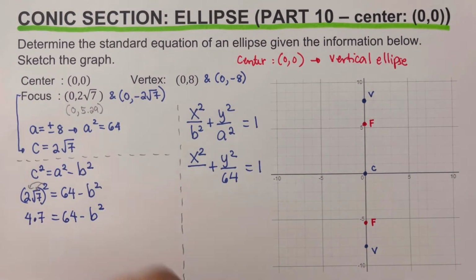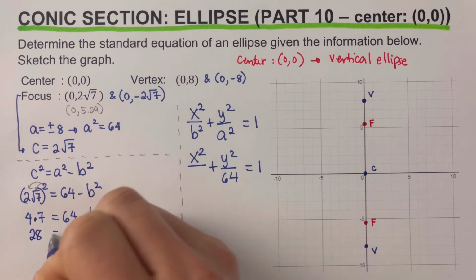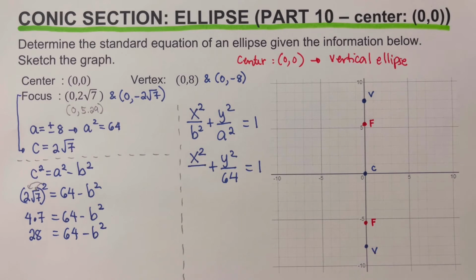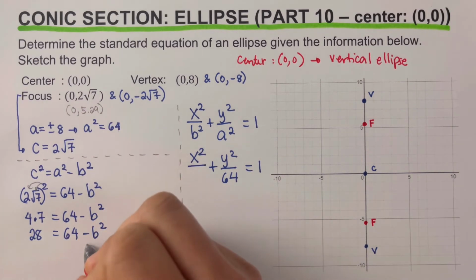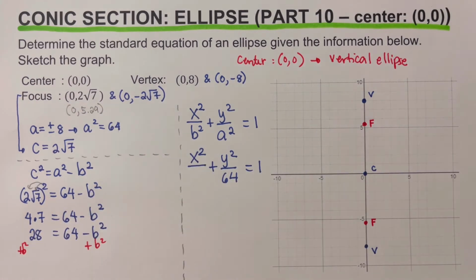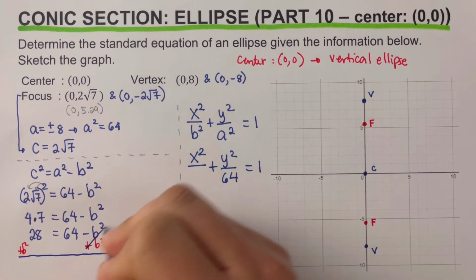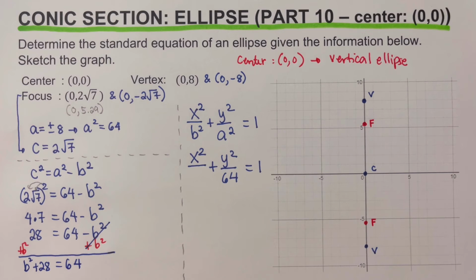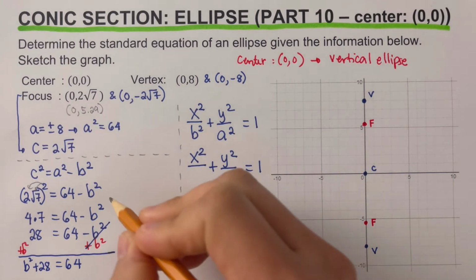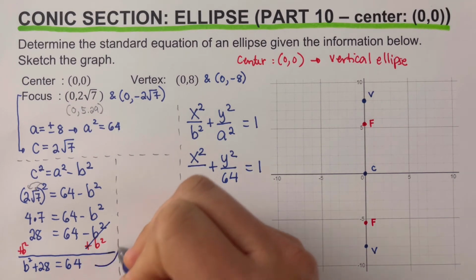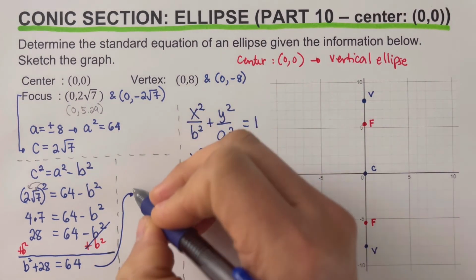So 4 times 7 is 28 equals 64 minus b squared. We wanted to solve for b squared. So I'm going to go ahead and add b squared to both sides, so that we can cross the b squared out. We are left with b squared plus 28 equals 64. And then from here, we can go ahead and solve for b squared. So I will show that work up here. So this comes out.